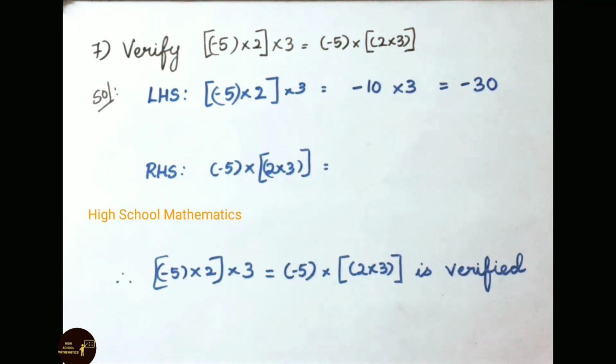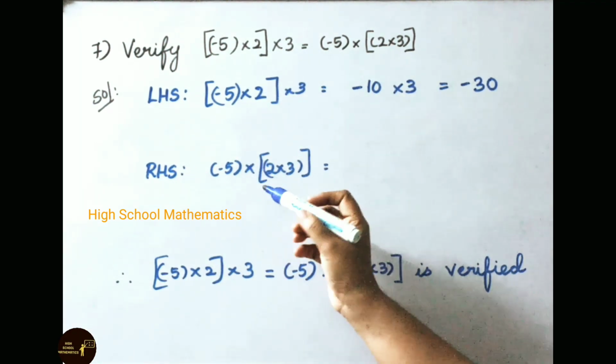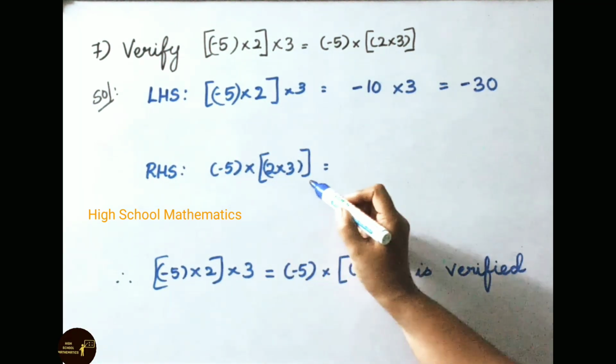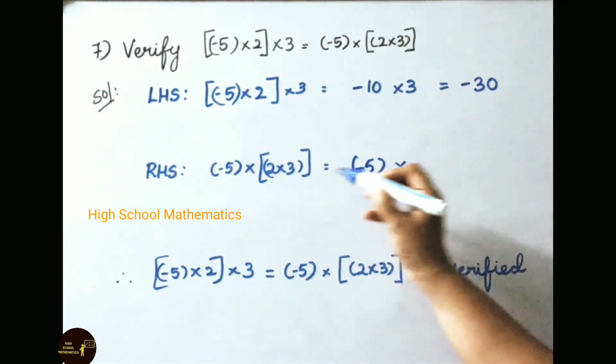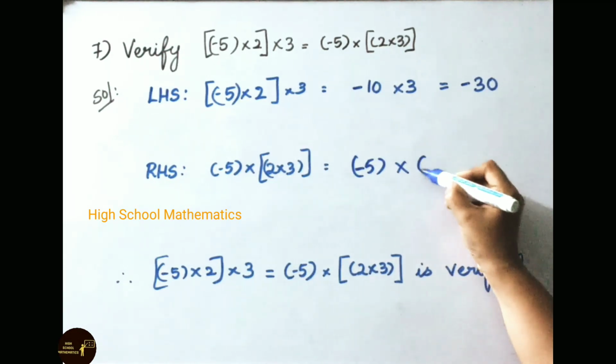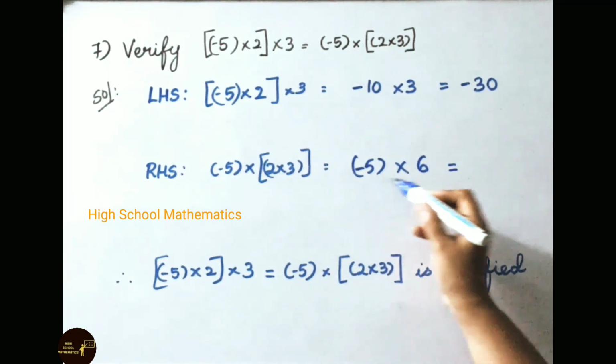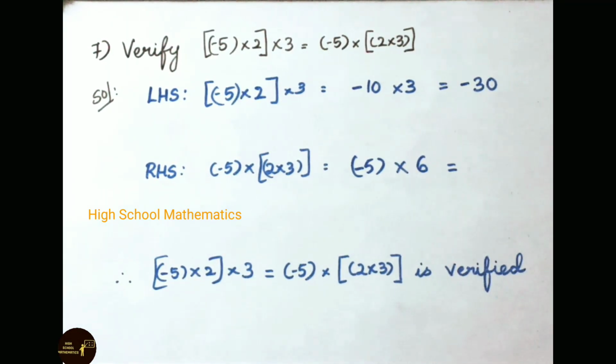Now let us see the RHS part, that is the right hand side part. Minus 5 into 2 into 3 equals minus 5 into, multiply 2 threes are 6. That equals minus 5 into 6, we have to multiply. Here both integers have opposite signs, so the answer is negative. Keep minus sign, then multiply 5 sixes are 30.